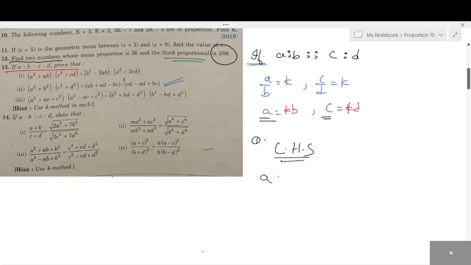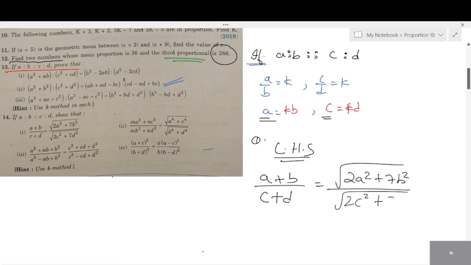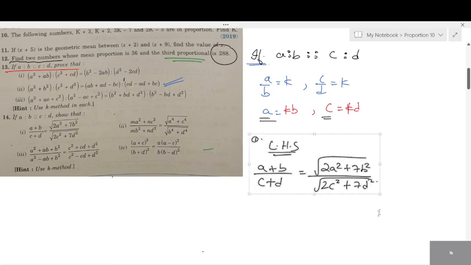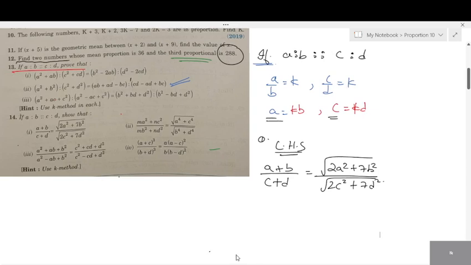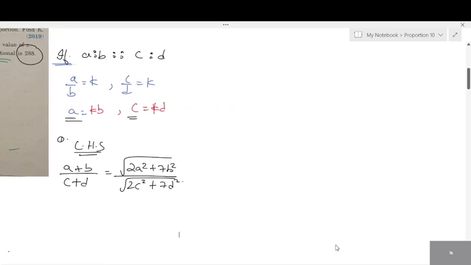The question is: A plus B divided by C plus D is equal to square root of 2A square plus 7B square divided by 2C square plus 7D square. Okay.